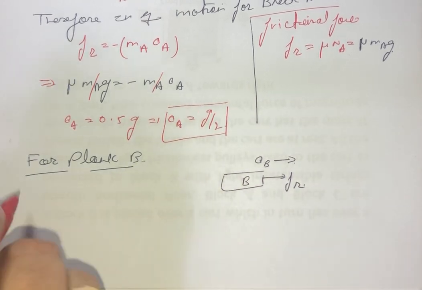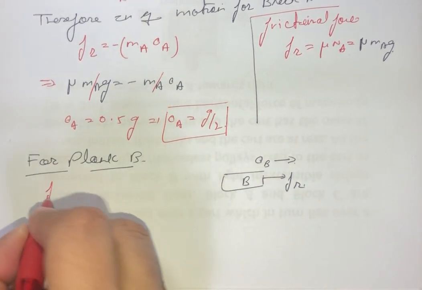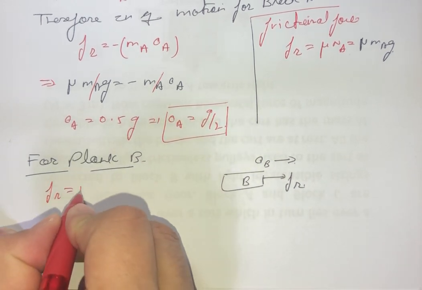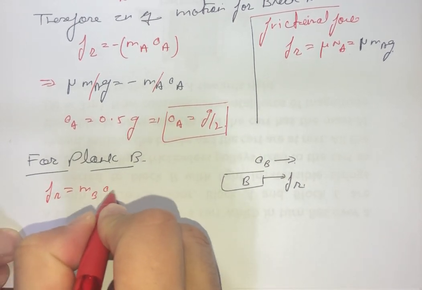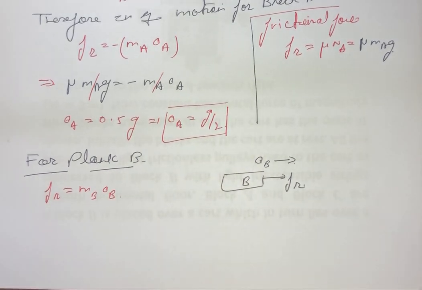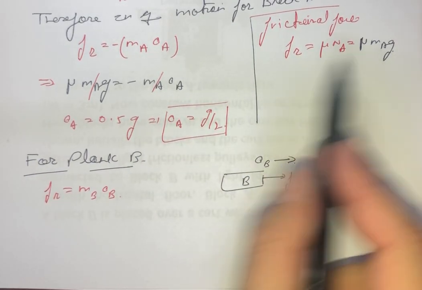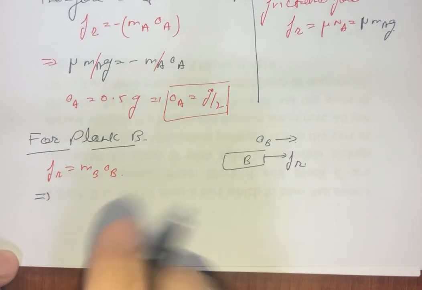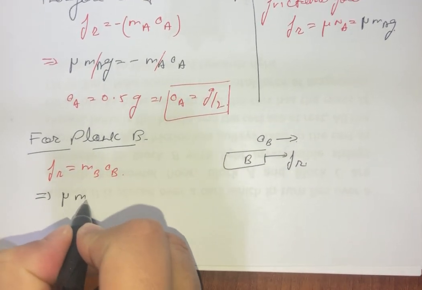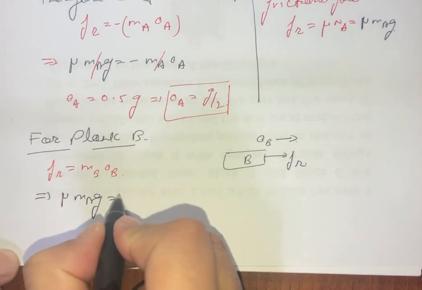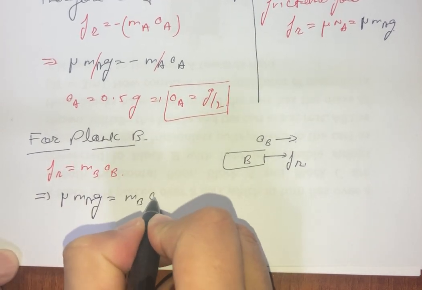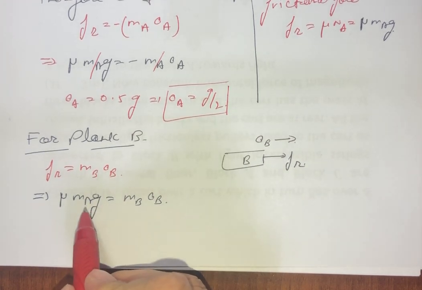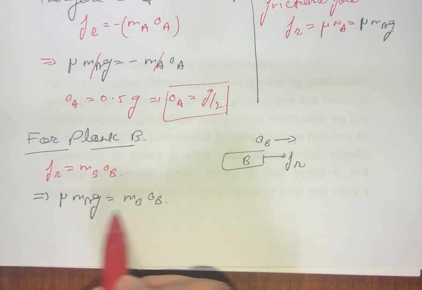So from here we can say that Fr will be equal to mB aB, and we already know Fr is mu mg, so mu mg will be equal to mB multiplied by aB, and mA is m and mB is 2m.